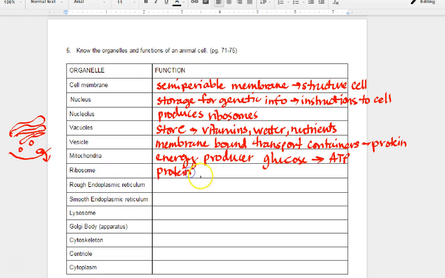They are producing proteins that are going to travel all over our body and do all sorts of different functions for us. Rough endoplasmic reticulum, these hold ribosomes and aid in protein production.